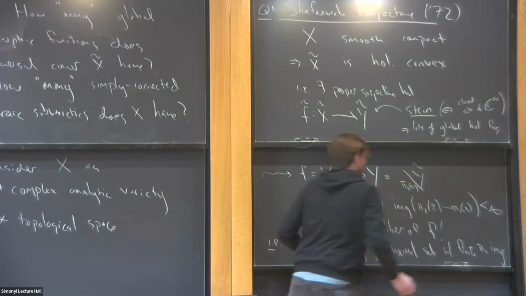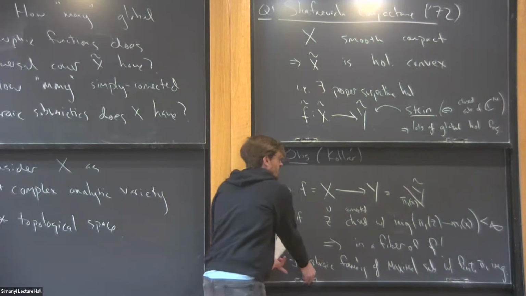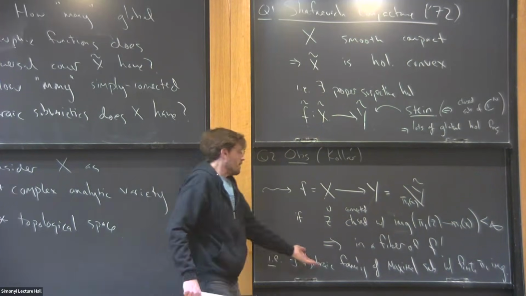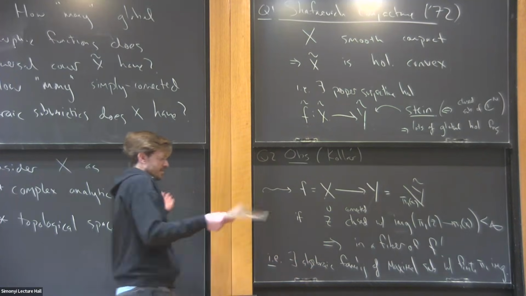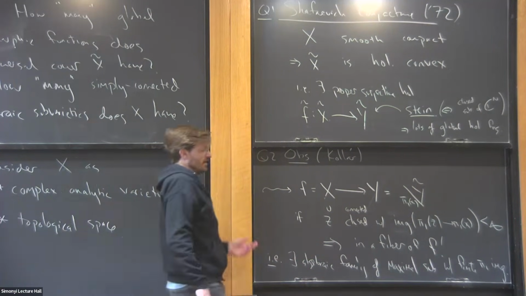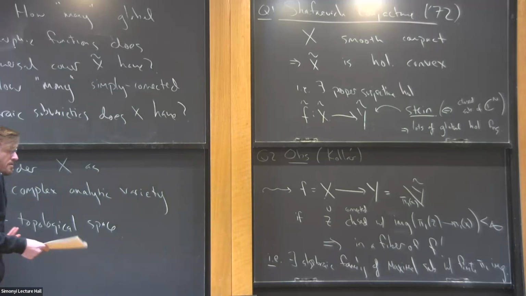I crammed it a little bit, but hopefully you can read that. This is a non-trivial statement: if you take that there's an algebraic family of maximal subvarieties with finite pi 1 image, it's some important boundedness result.